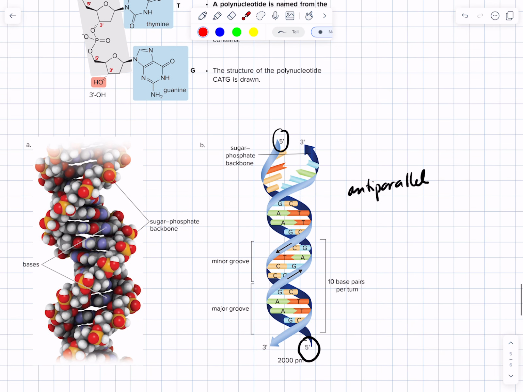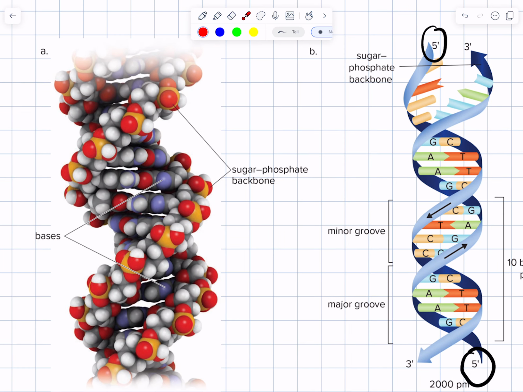Then individual strands of DNA can associate via hydrogen bonding between the bases to give this double-stranded form of DNA. And here is a space-filling model of that. And then here is a cartoon of that. Interestingly, in DNA, the two strands assemble anti-parallel to each other.